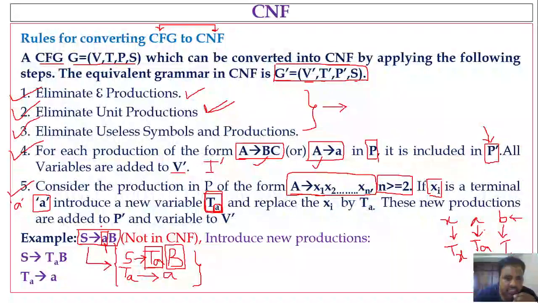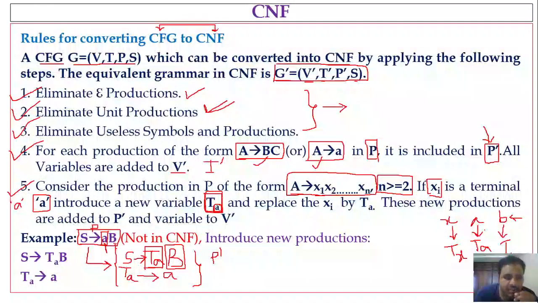So here S denotes small a capital B is the given grammar. After converting it into CNF, we got another variable, okay, and there is a change in the production rule set, right? So in the given grammar, we have only one production rule, but in the resultant grammar, we have two production rules, right? So that's why we are saying it as P dash, right?